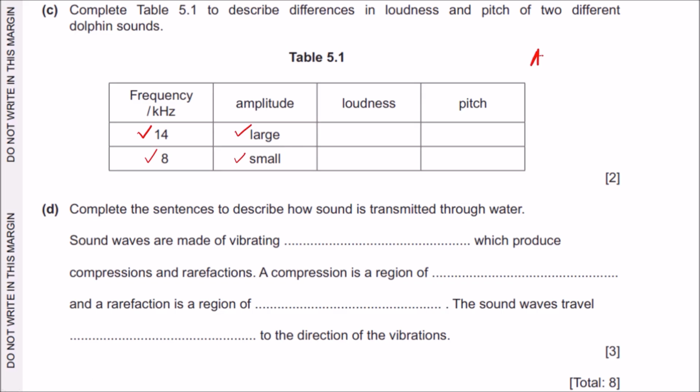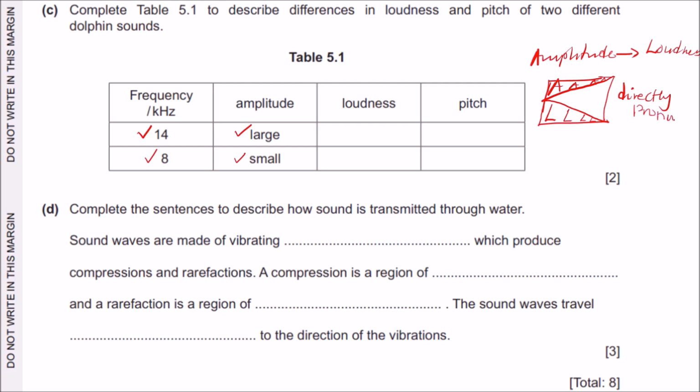Amplitude of sound is its loudness. How are they related? Let me illustrate it over here. They are directly proportional. As the amplitude, A for amplitude, is getting smaller, the loudness, L for loudness, is also getting smaller.